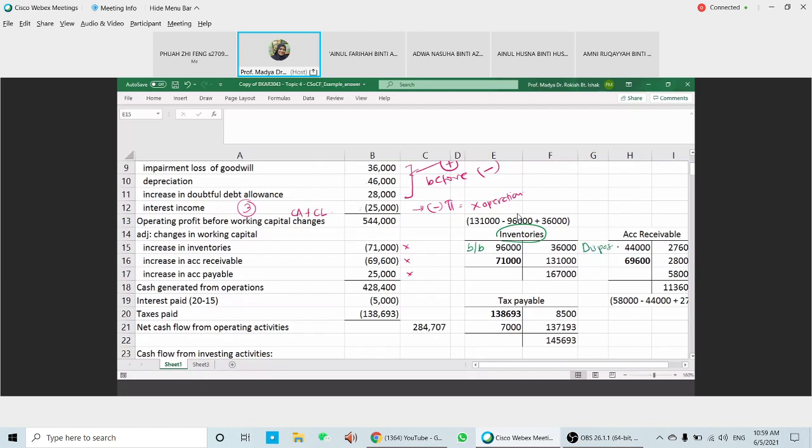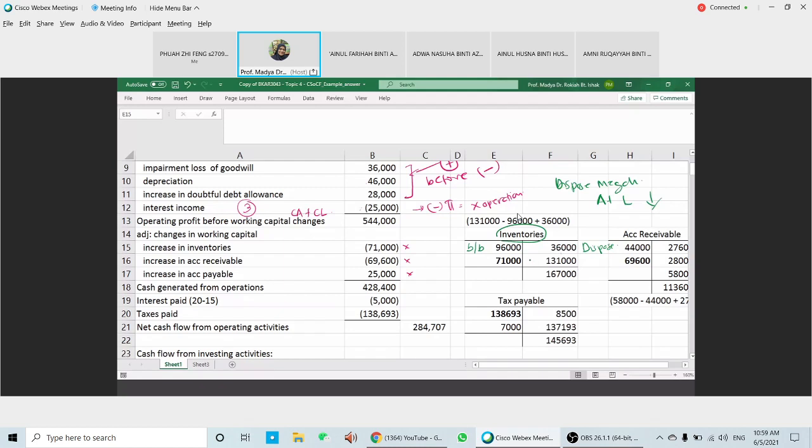Dispose 36, I remember that. You dispose Megah. In Megah, there is an inventory of 36. So once you dispose Megah, one of your subsidiaries, assets and liabilities are going to be reduced. Reduced here means that you need to dispose your inventory by 36 and put it under the credit side.